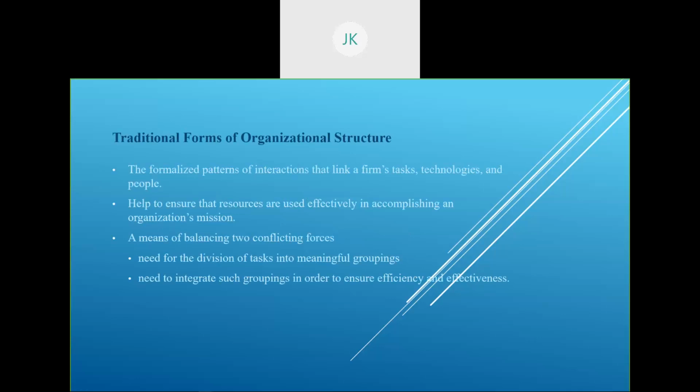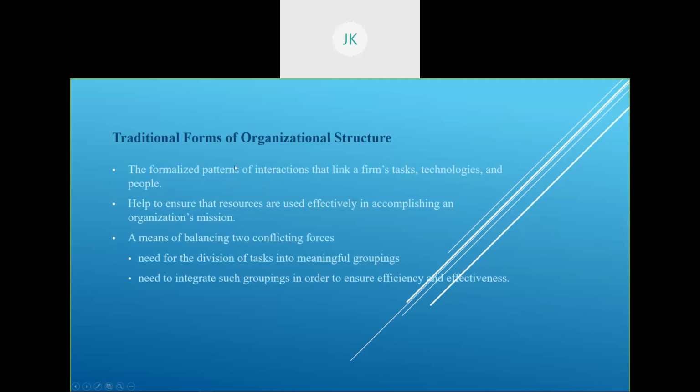Organizational structure is a kind of form based on what they want to do, the goal, mission, whatever they do, and then the technology they use, and the employees, manpower, and how they interact with each other.